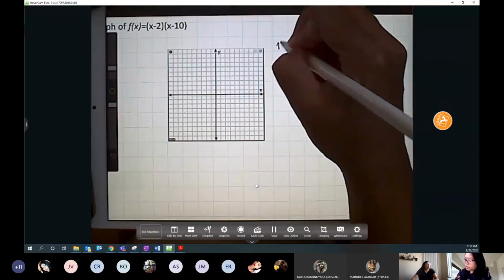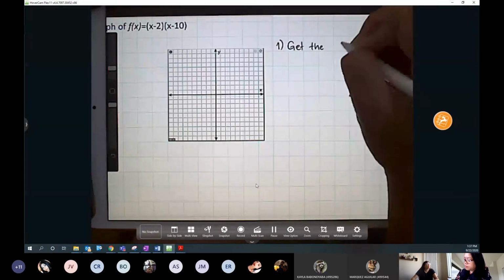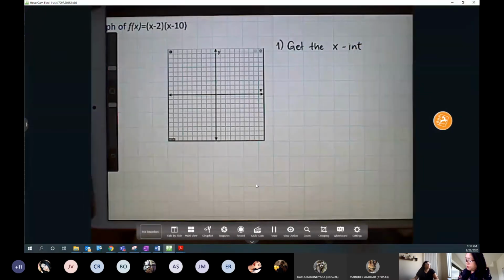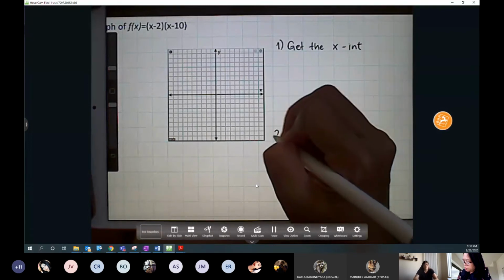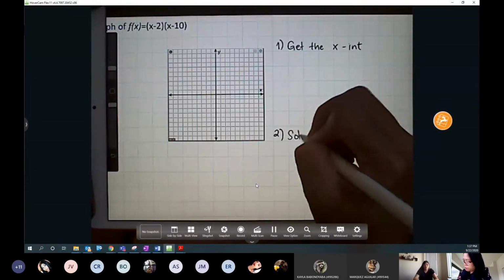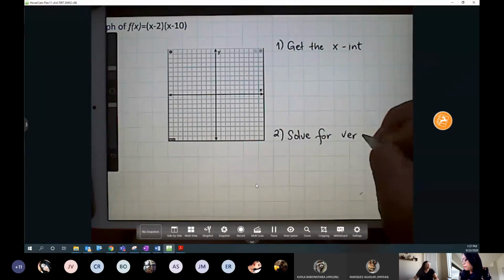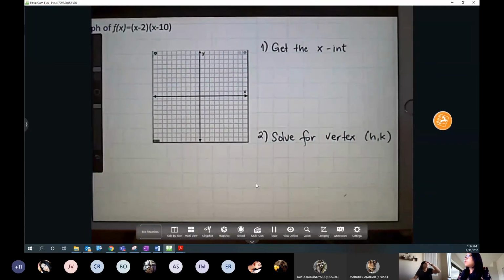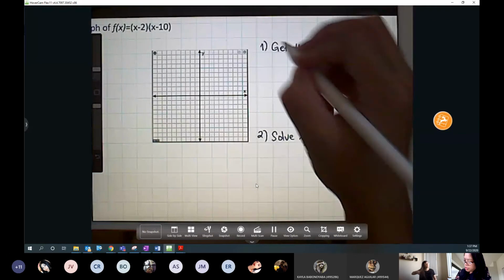So first, get the x-intercepts, and then we get the halfway, and we will be able to solve for the vertex. All right.